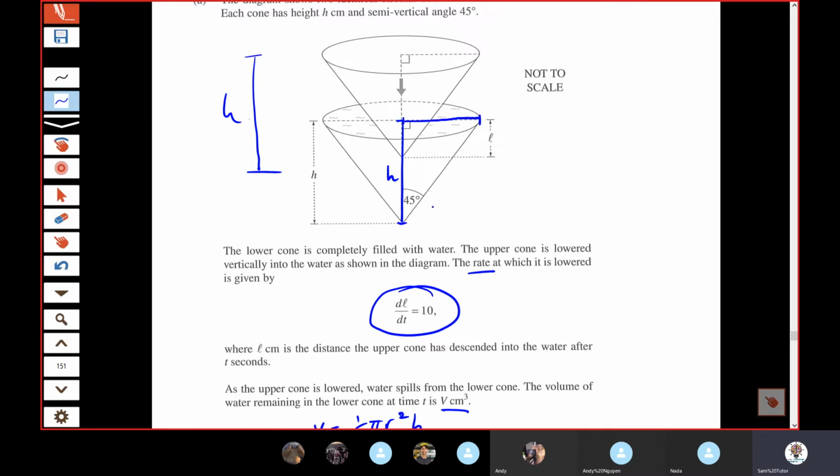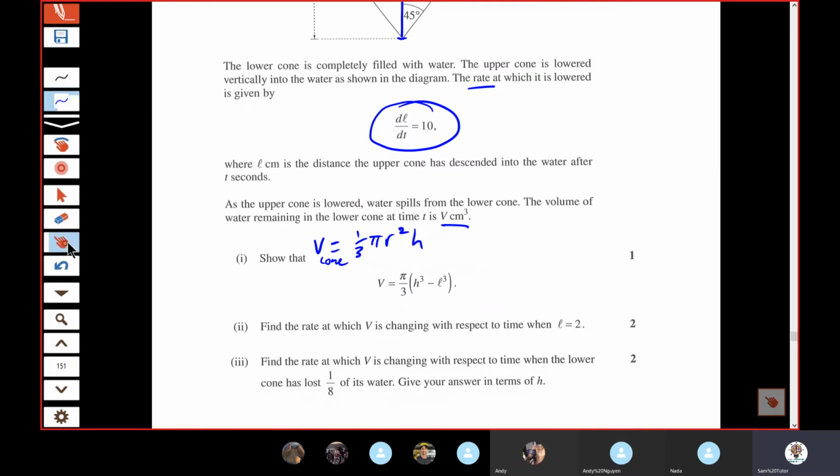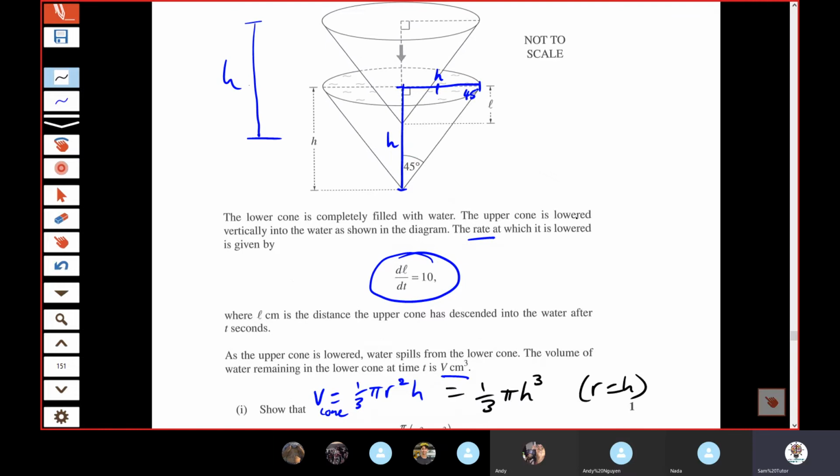Well, we know from isosceles triangles, if that's 45, your radius is also h. If you look at the formula I've written here, and the answer here, it's h cubed. So r squared becomes h squared times h, which becomes 1/3 pi h cubed. Again, I'll just write it here. R is equal to h. You needed to know that, otherwise what's the point of the 45 degrees?